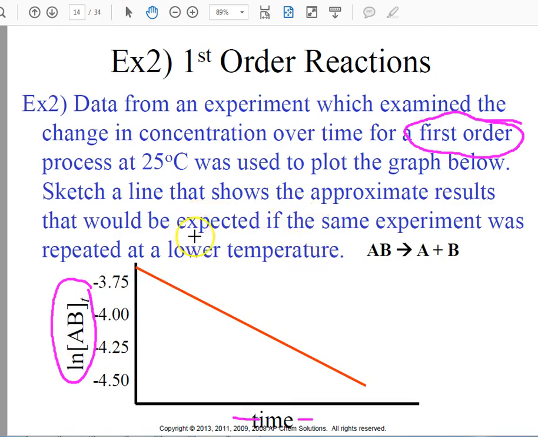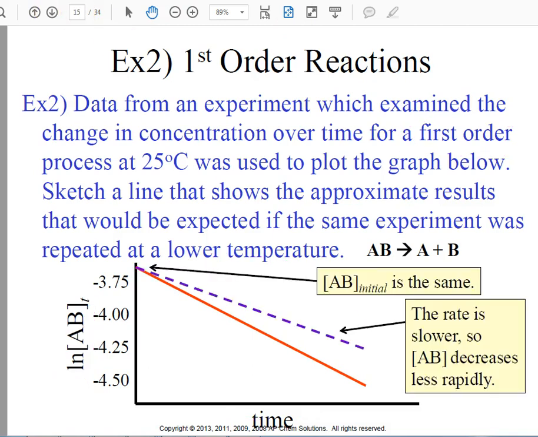But they want to know, okay, what would this look like if we're going at a lower temperature? That's a really good question. So do you think a reaction at a lower temperature would go faster or slower? I'm thinking that if the temperature was lower, the reaction would go slower, right?